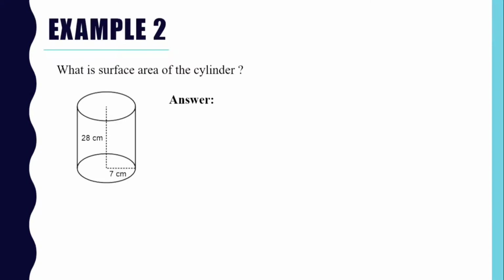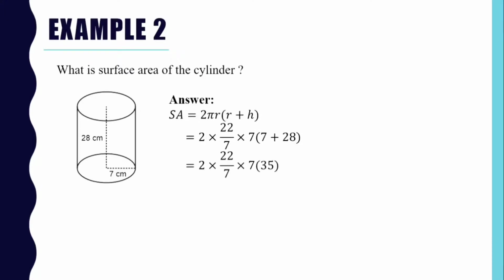Example 2. What is surface area of the cylinder? The answer, SA equals 2 times pi times R times in brackets R plus H equals 2 times 22 over 7 times 7 times in brackets 7 plus 28 equals 2 times 22 over 7 times 7 times 35 equals 2 times 22 times 35 equals 1540 centimeters square.